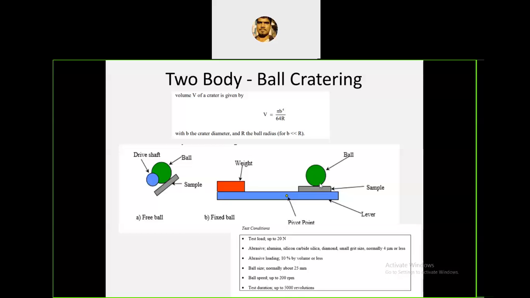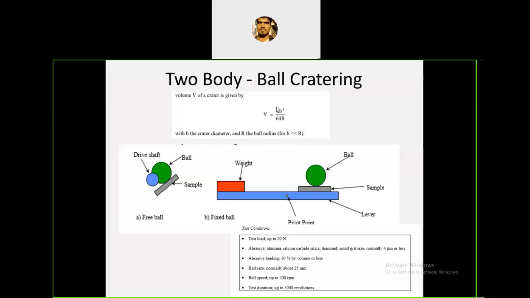If more volume, then more wear, so the specimen is softer. If less volume, then less wear, the specimen is harder. And b is the crater diameter, and r is the ball radius.